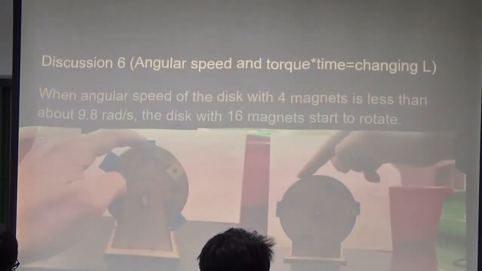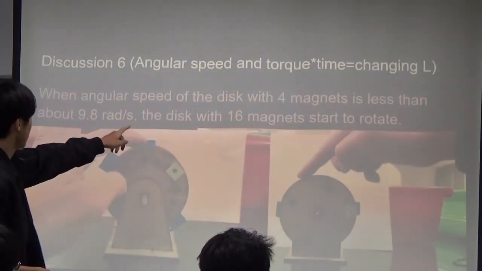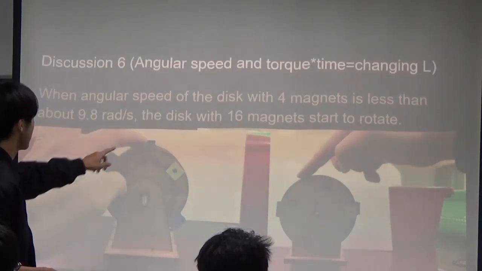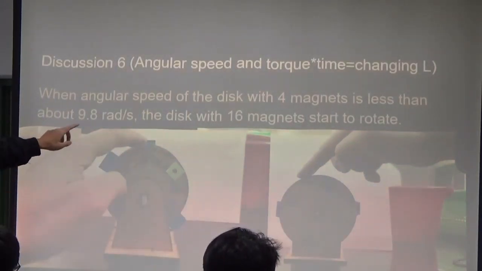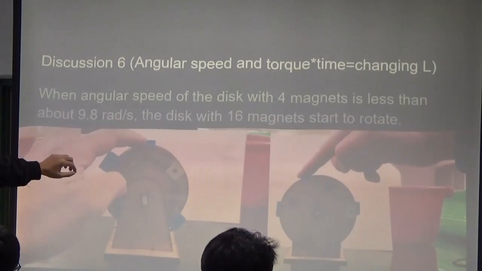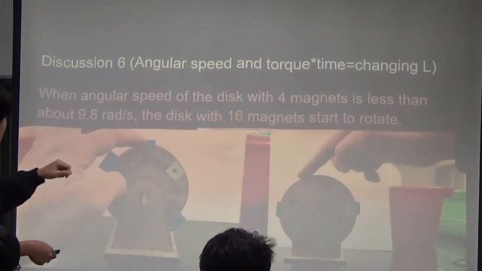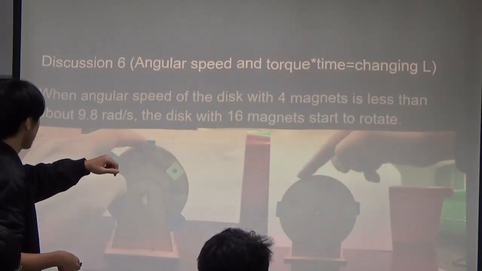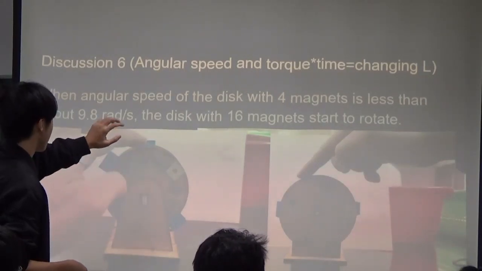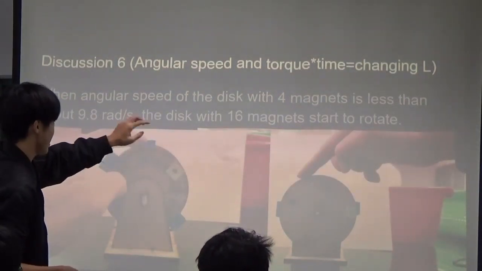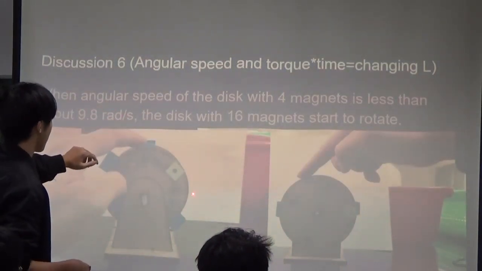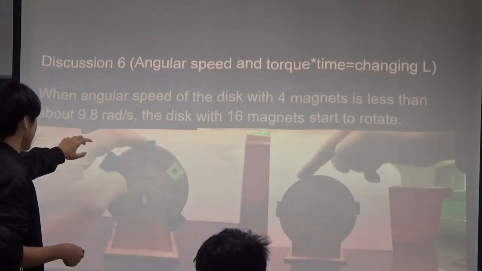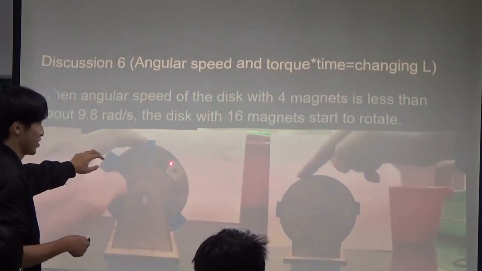And the reason why we just do an experiment for the disk with 4 magnets is because if we use the disk with 16 magnets at a very high speed, you may think that if the speed is slow to some extent, the other wheel will follow the rotation.